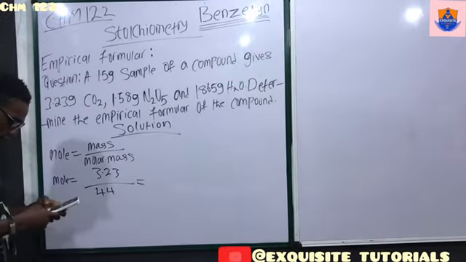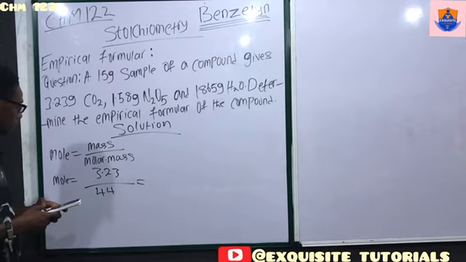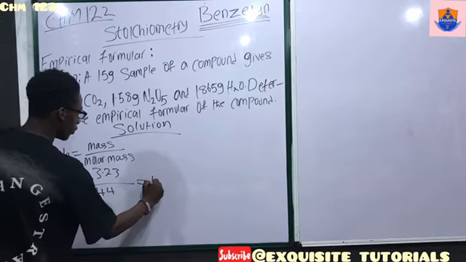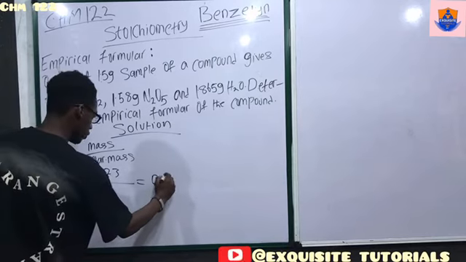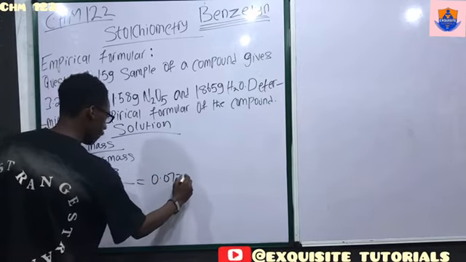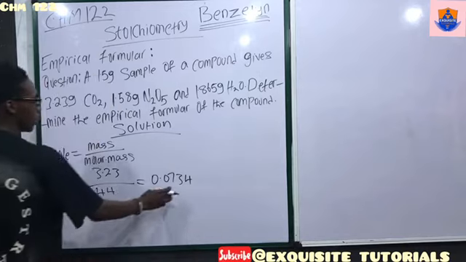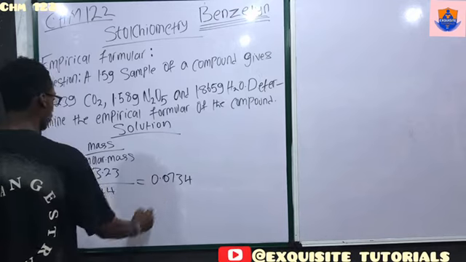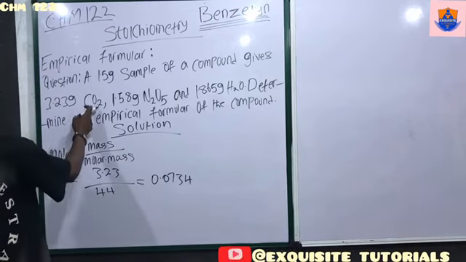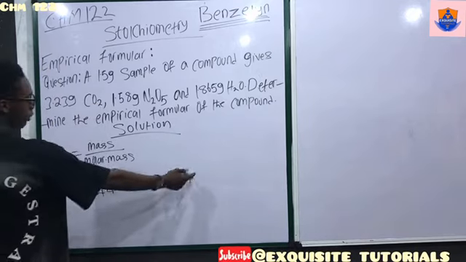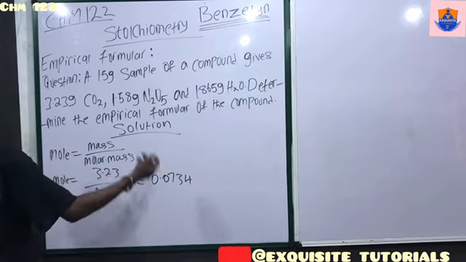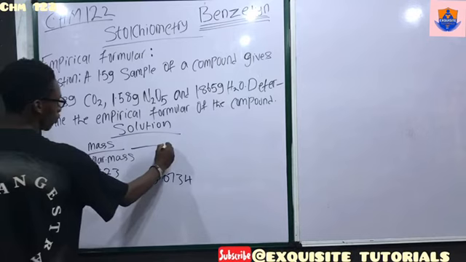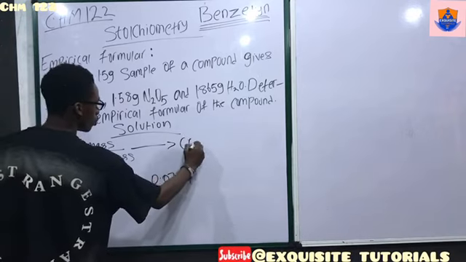We have 3.23 divided by 44, then we have 0.0734 approximately as the mole. Carbon here has an atom of 1, so if we multiply by 1 it changes nothing. So that is the mole for CO2.